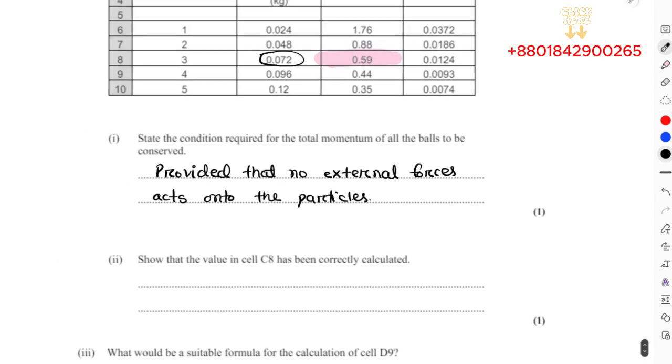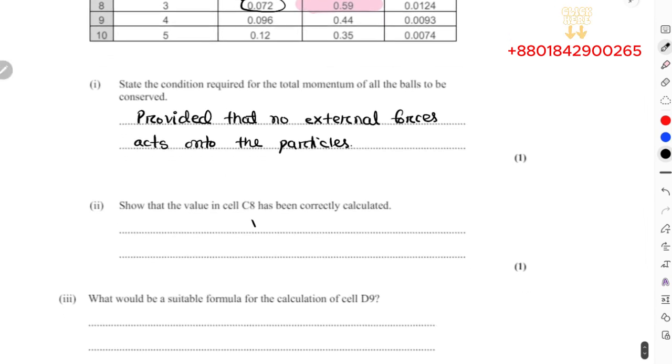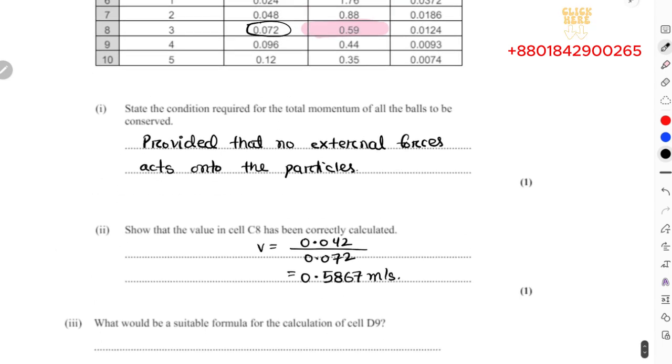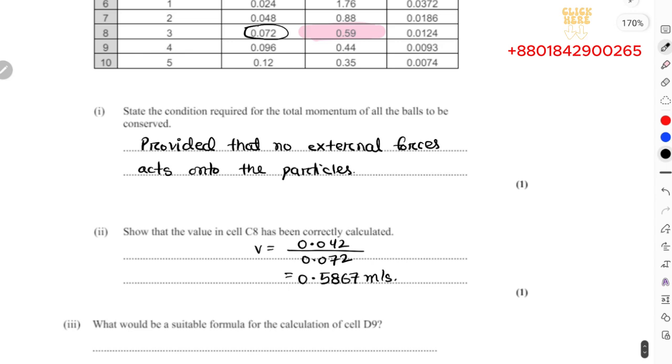I know the mass, I can easily calculate the velocity. So velocity is going to be 0.042 divided by 0.072. And now if you calculate this, you're supposed to get 0.5867. This corrected to two significant figures turns out to be 0.59. So obviously that is correct.